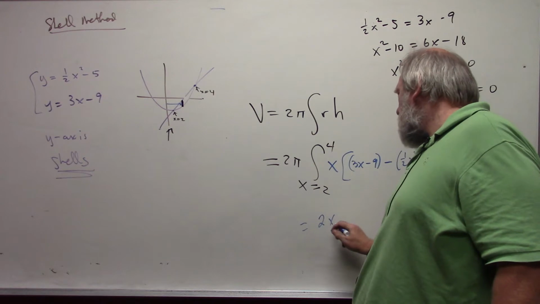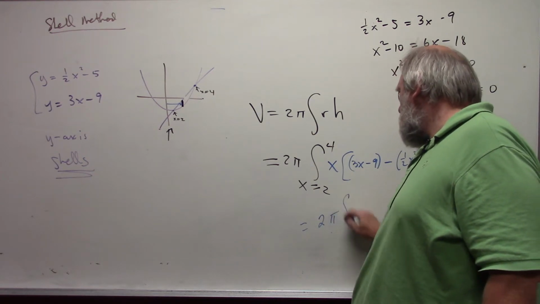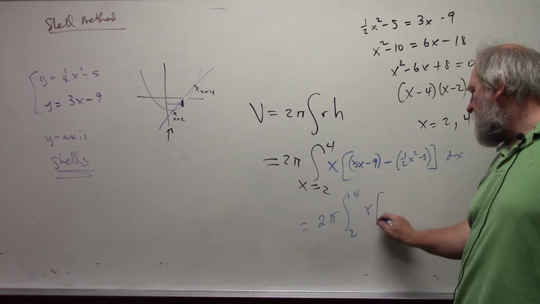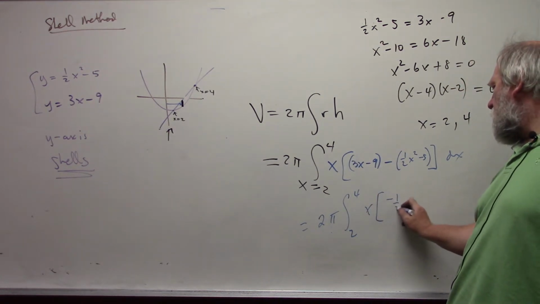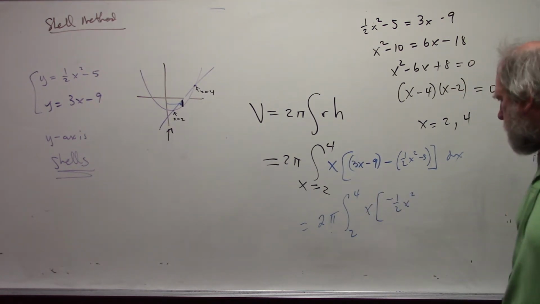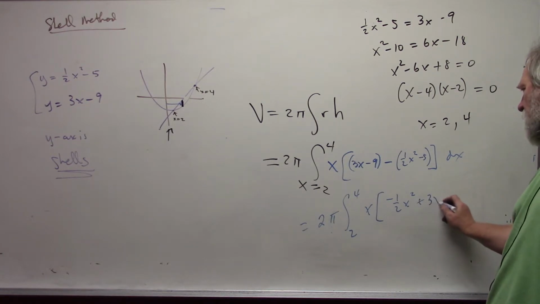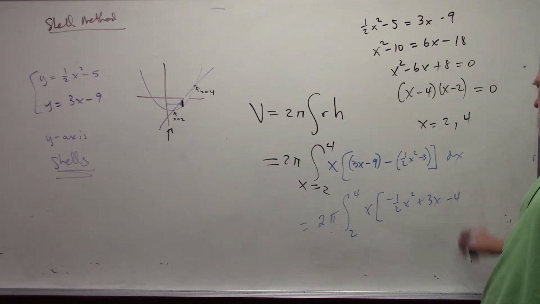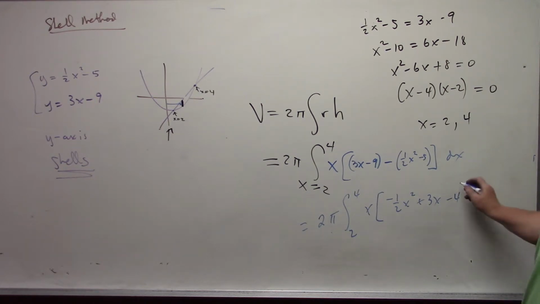I will simplify this a little bit. 2 pi, the integral from 2 to 4 of x times negative 1/2 x squared plus 3x. Negative 9 plus 5 is negative 4. And then you could distribute the x, and then we can take the integral, et cetera, et cetera.